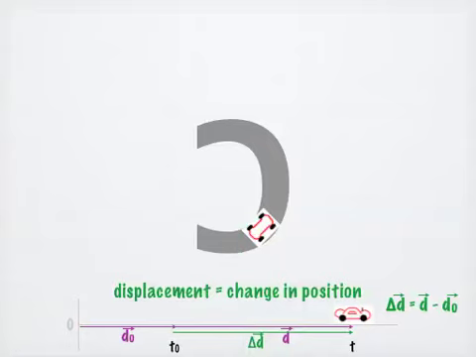Let's say the initial location of our car on the path is here. We need to draw an origin in order to have a vector that gives the initial location of the car. So we draw our xy plot. The initial position of our car can now be given by this vector r0.